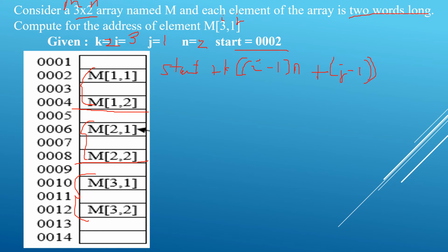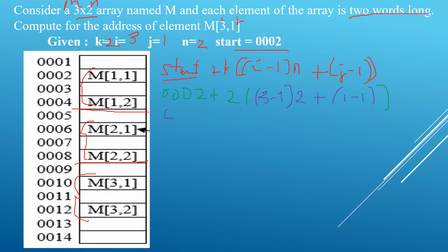Okay. So, the value of the starting address of the element is at 0002. Medyo malabo, no? Plus our k is 2. And then, inside the parentheses, we have i. i is 3 minus 1 multiplied by n. n is 2. Plus j is 1 minus 1.